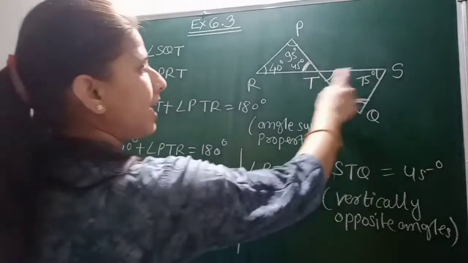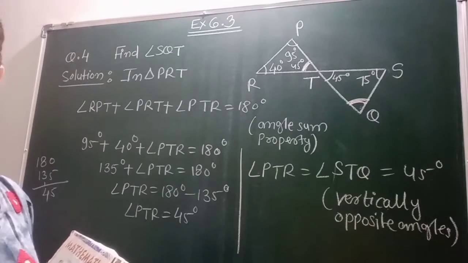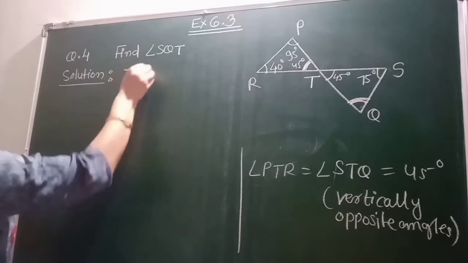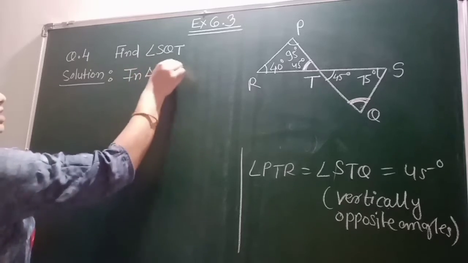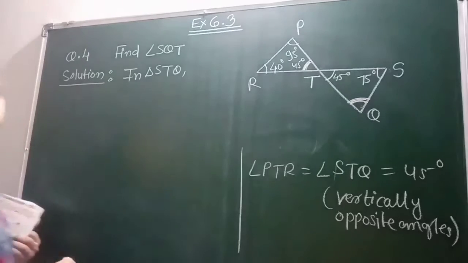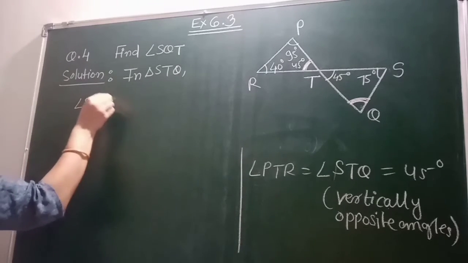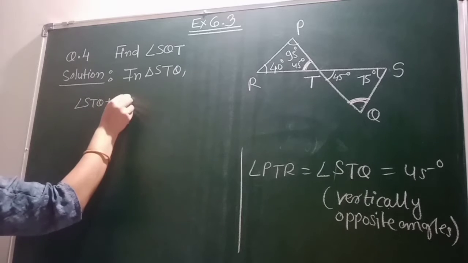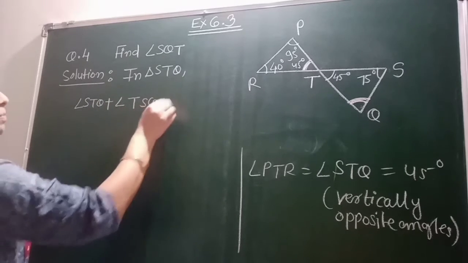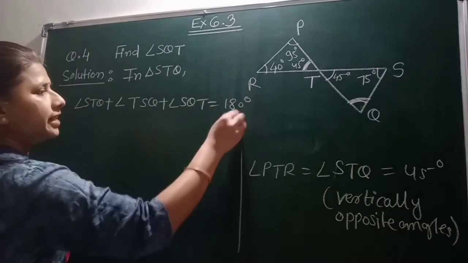Then we will apply the angle sum property in triangle SQT. Now in triangle STQ, the sum of all three angles will equal 180 degrees. Angle STQ plus angle TSQ plus angle SQT equals 180 degrees.